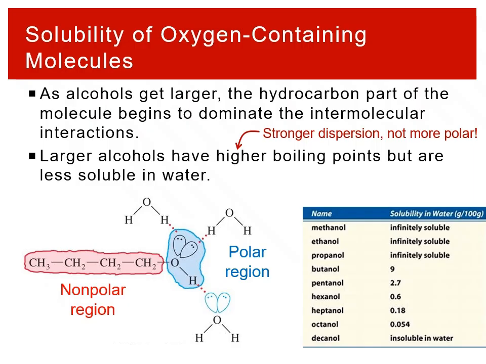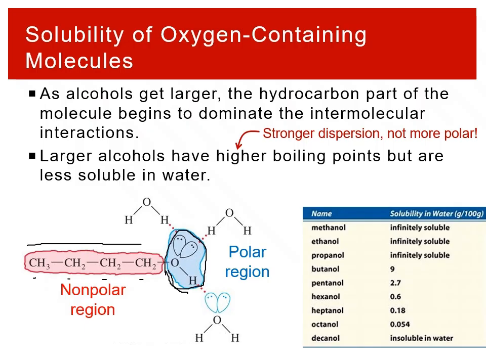Now, as alcohols get bigger, as the hydrocarbon portion of the molecule gets bigger and bigger, that starts to become more important when we're talking about solubility. So if you have, say, 1, 2, 3, 4 carbon atoms, and then the OH attached over here, yes, this part of the molecule is polar and can form hydrogen bonds, which would imply some solubility in water. But these carbon atoms really don't want to dissolve in water, and water doesn't want to have that floating around in it.